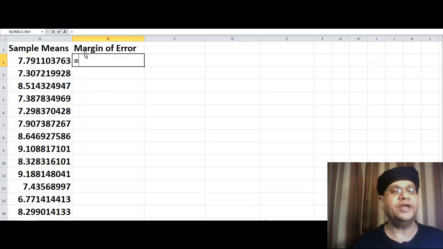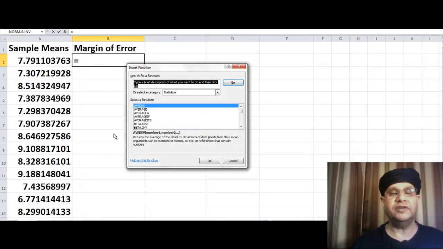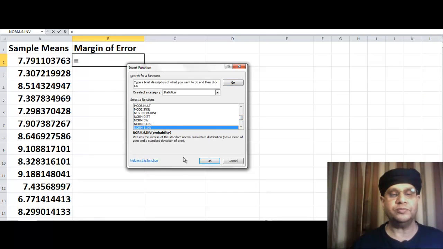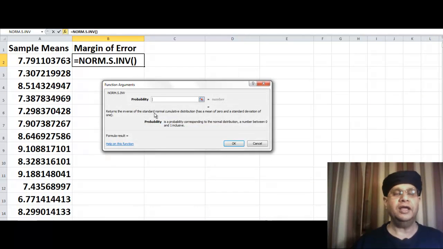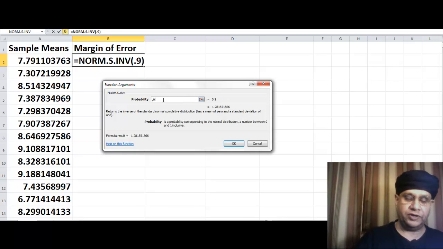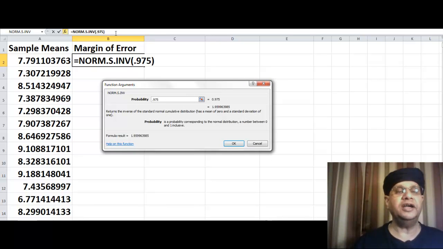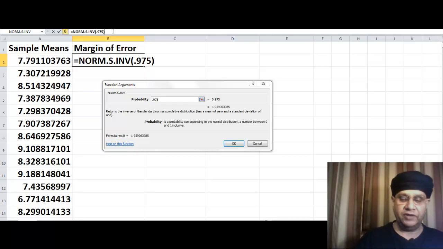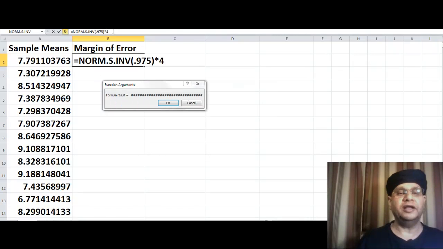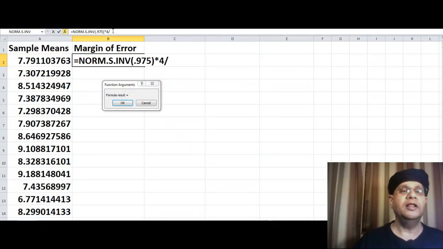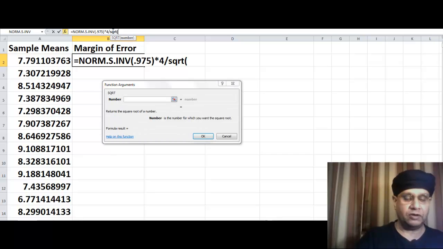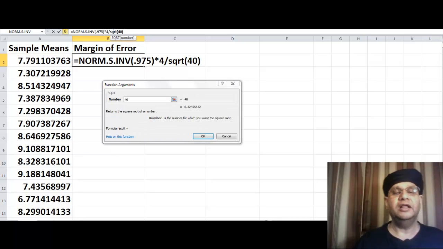So remember, first we are going to write the z star, and we know how that z star is obtained. We go to norm inverse, right? And this is 0.975, and then we have multiplied by 4, which was the population standard deviation, and then we divide it by square root of how much? 40, the sample size, right?